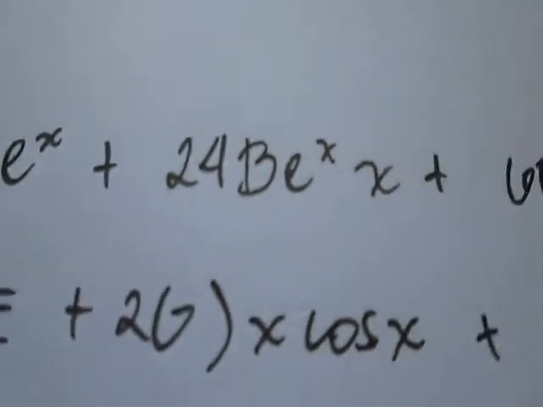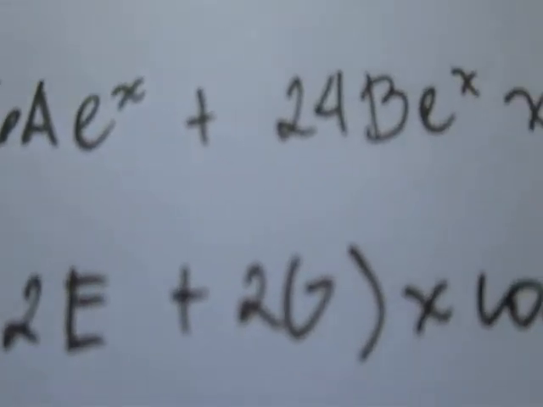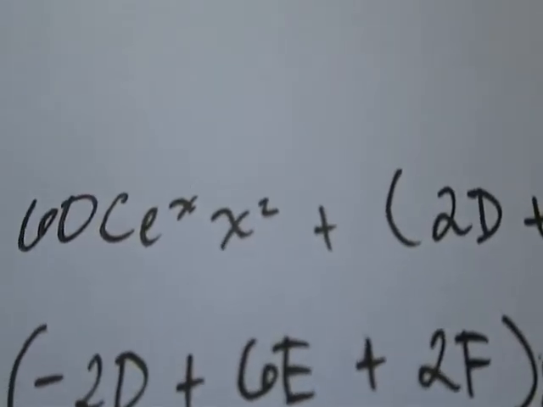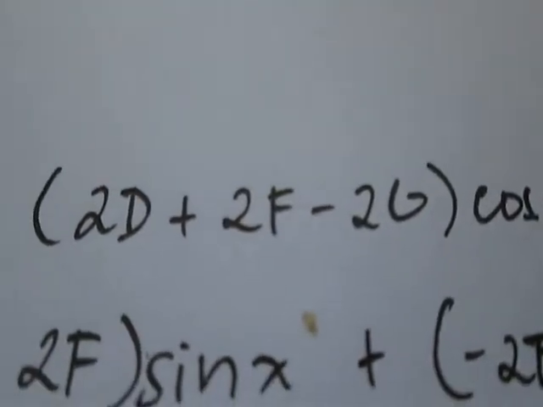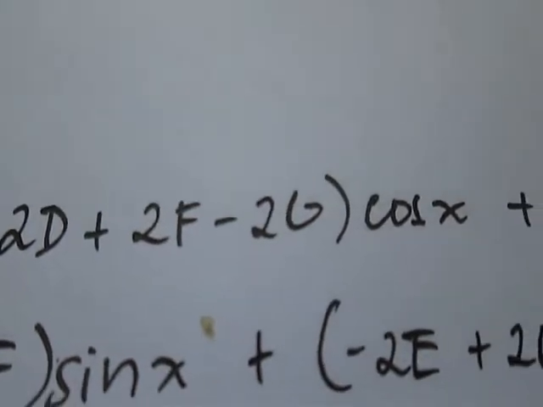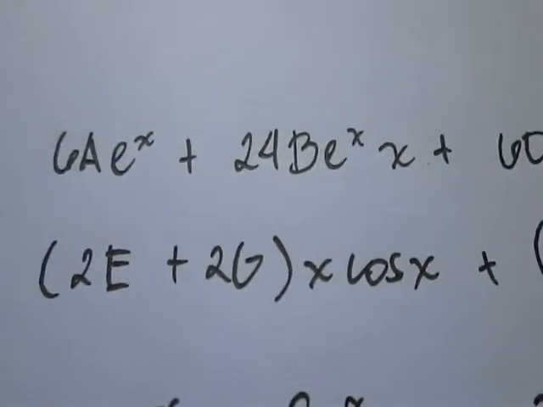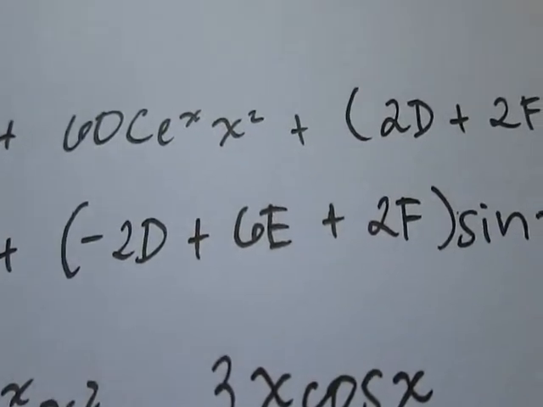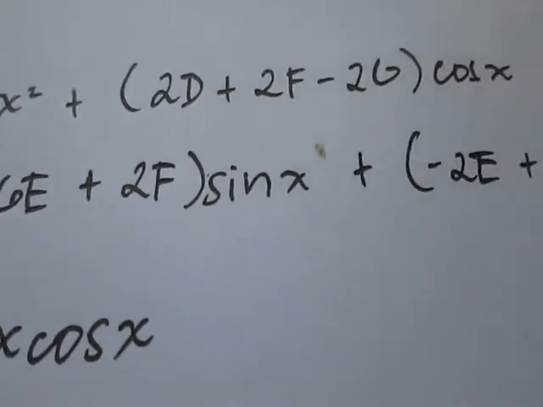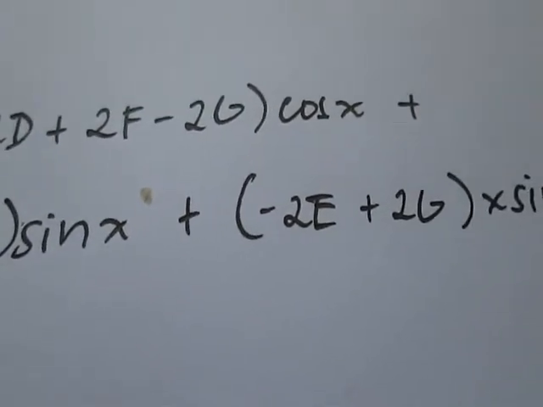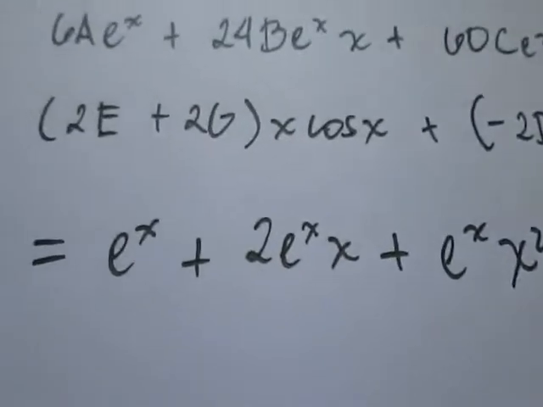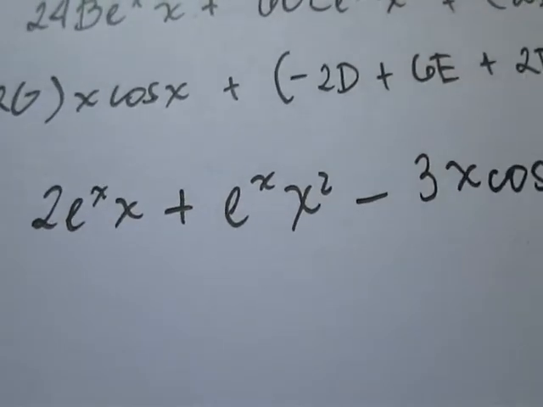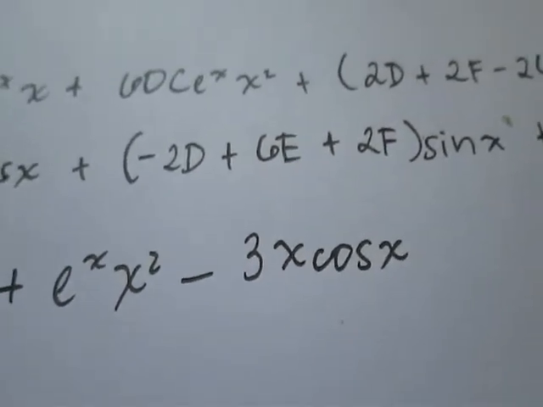Simplifying further after substitution, we get this. 6a e to the power of x plus 24b e to the power of x plus 60c e to the power of x squared plus quantity 2d plus 2f minus 6g times cosine x plus quantity 2e plus 2g times x cosine x plus quantity negative 2d plus 6e plus 2f times sine x plus quantity negative 2e plus 2g times x sine x, which is equal to e to the power of x plus 2e to the power of x plus e to the power of x squared minus 3x cosine x.